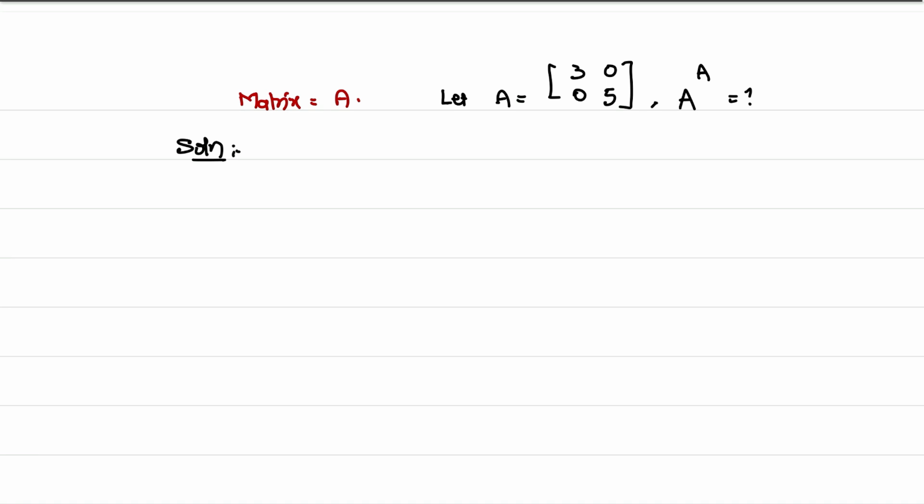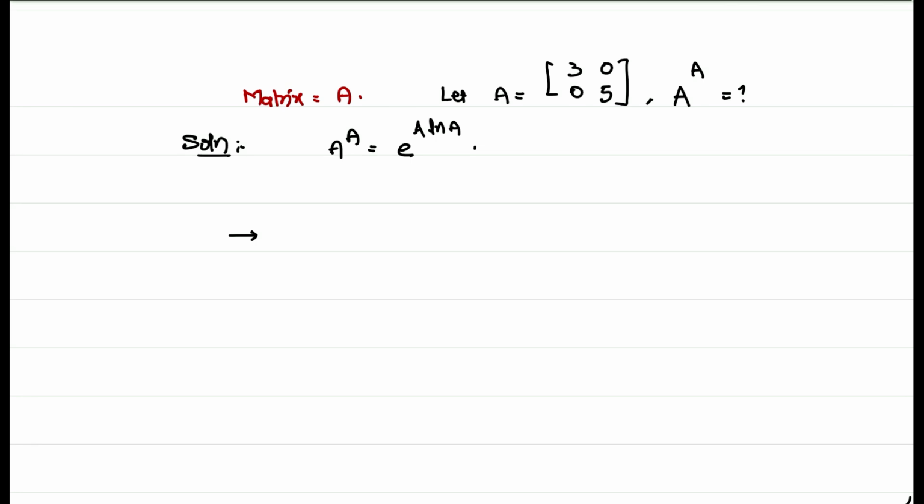Now, for a matrix A, A to the power of A, can we write it as e to the power of A ln A? Are you able to understand? Here, we are thinking whether this particular equation is valid or not. On many occasions, I have told you previously also, x to the power of x is equal to e to the power of x ln x.